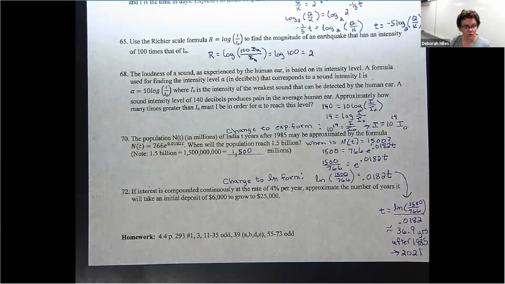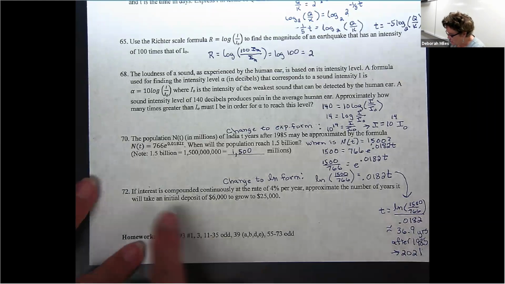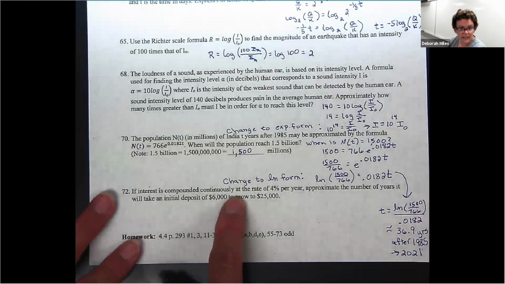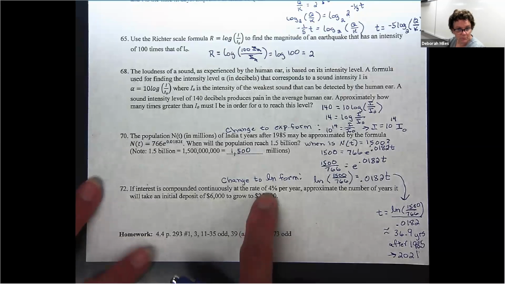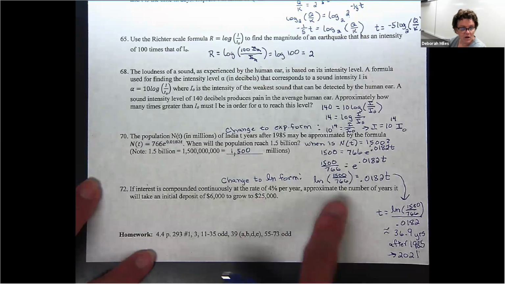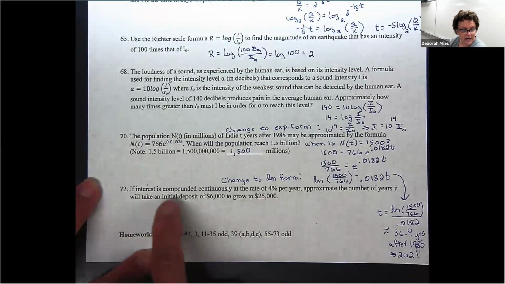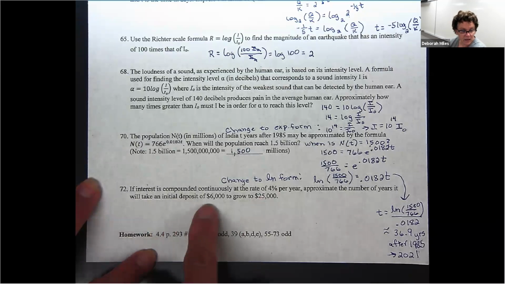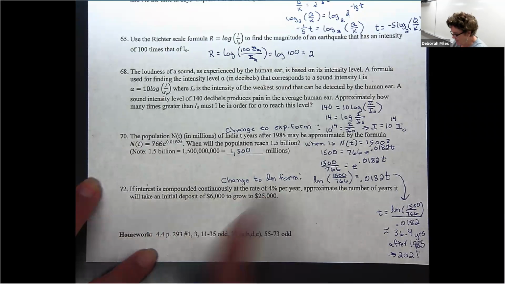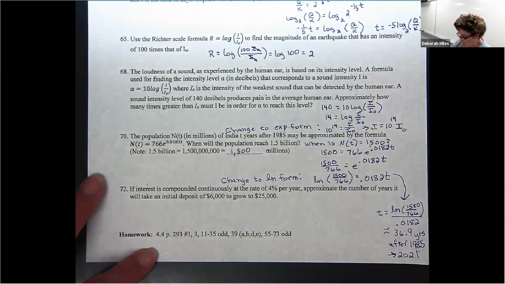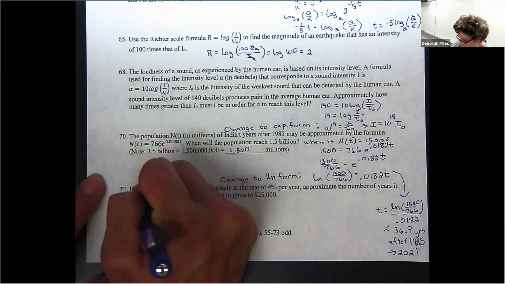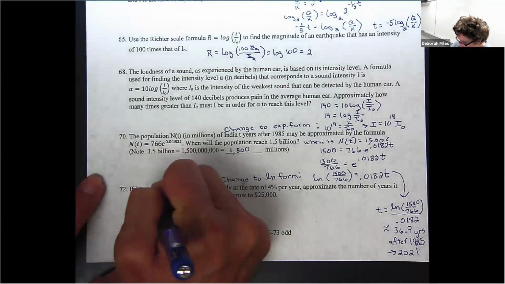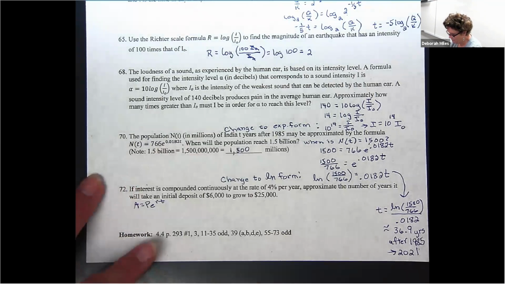All right, last one. If interest is compounded continuously at a rate of 4% per year, approximate the number of years it will take an initial deposit of 6,000 to grow to 25,000. That's a perfect time to use our continuously compounded interest formula.